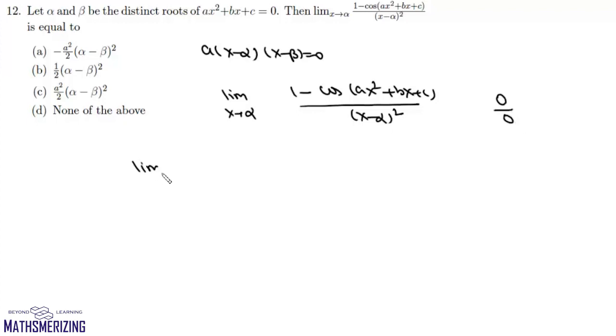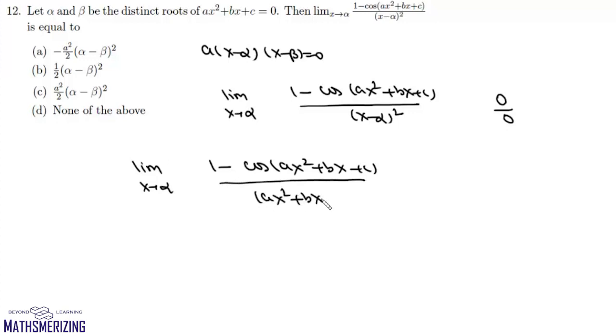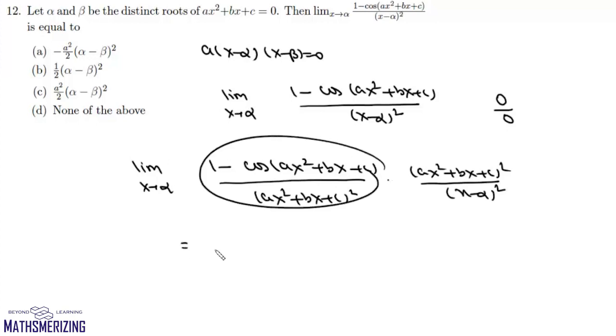So we can write limit x tends to alpha, 1 minus cos of (ax square plus bx plus c) upon (ax square plus bx plus c) whole square into (ax square plus bx plus c) whole square upon (x minus alpha) square. Now this is a standard limit, which is 1 by 2, and we can write this as limit x tends to alpha.